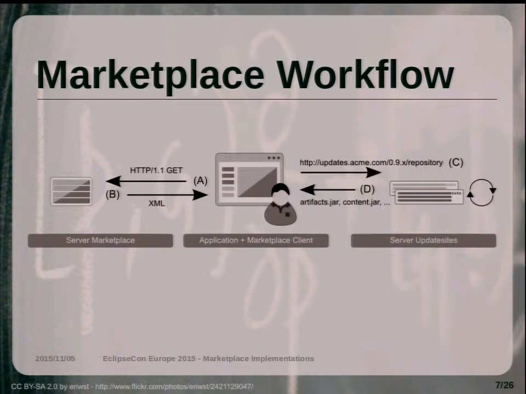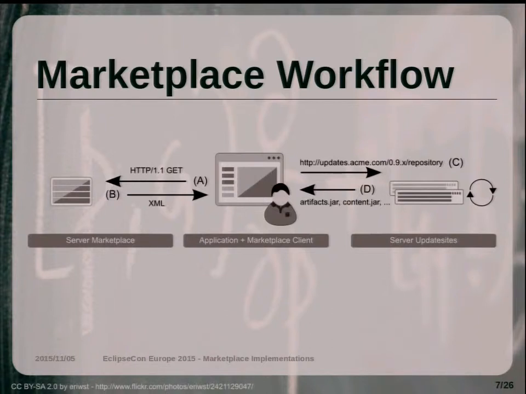The server returns back an XML document, I will show. Then your application sees there are certain update sites inside the XML file. It takes the update sites and tries to fetch the content of those update sites. It's effectively the same as you would do manually.